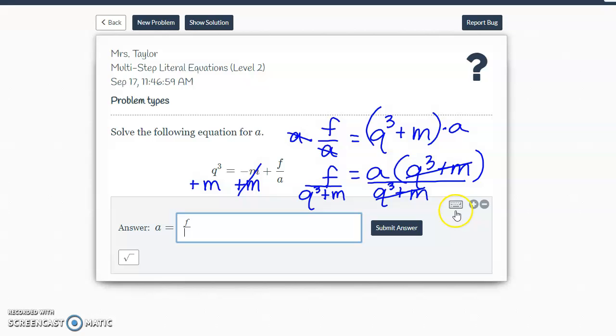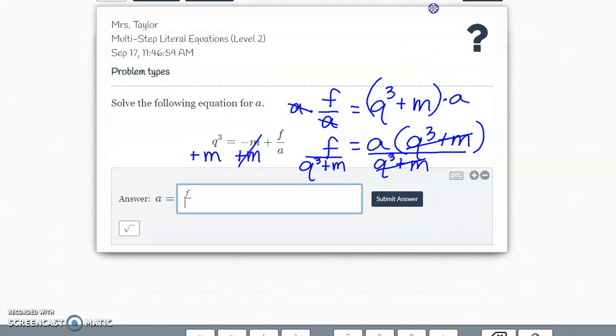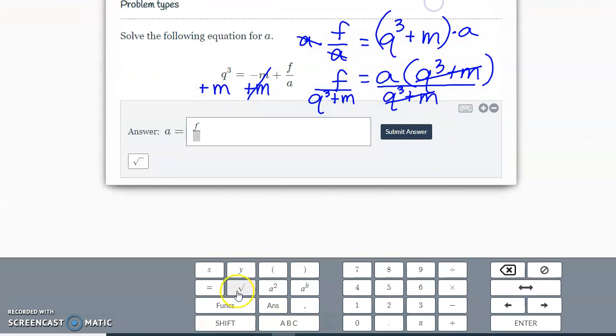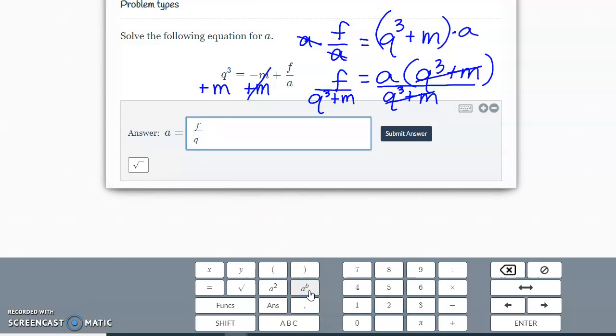So I'm going to click on this button, which is going to give me down here all these options. Looking, I want a squared or a cubed, but I'm going to use this A to the B power. So I'm going to put in Q, and then I'm going to type in that, and that's going to allow me to put in the 3. And then I'm just going to arrow over, and I'm going to have plus my M.